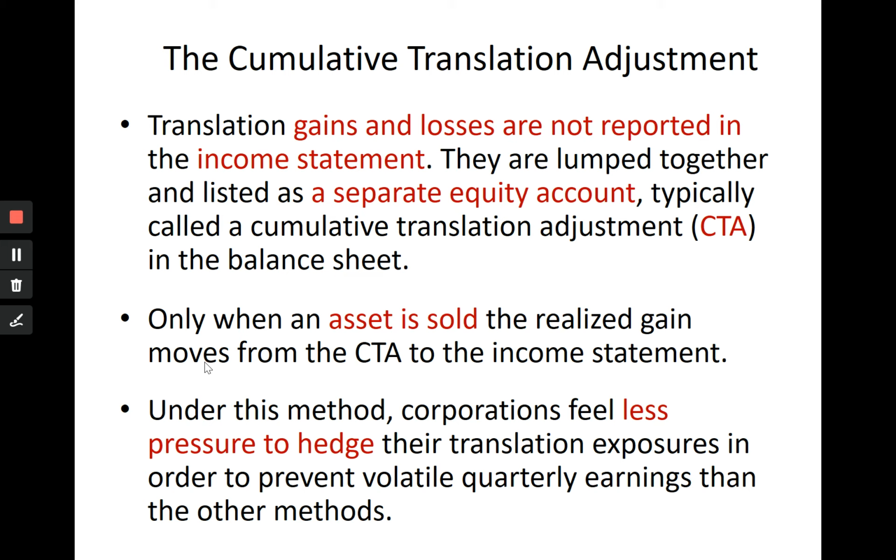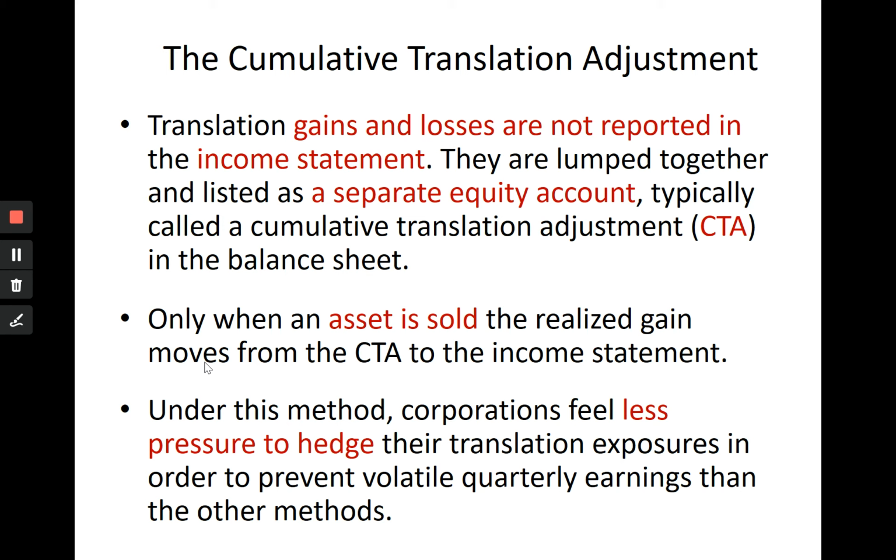Under this method, corporations feel less pressure to hedge our profits. Our net income is not affected by translation, so we have less pressure to hedge this translation risk. Yes, translation affects our bottom line in the balance sheet, but usually that's not so critical when we go to raise capital, or the stock market pays a lot more attention to our profit than to our balance sheet values.